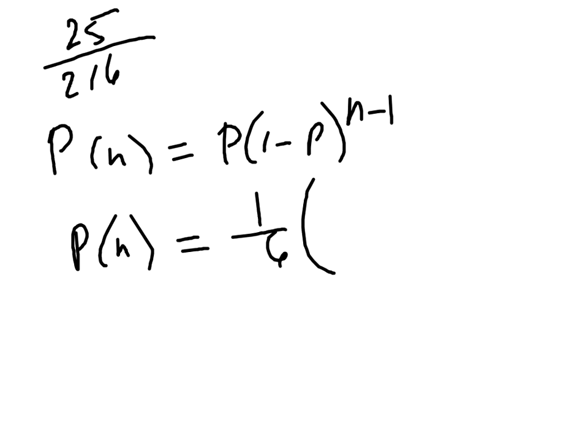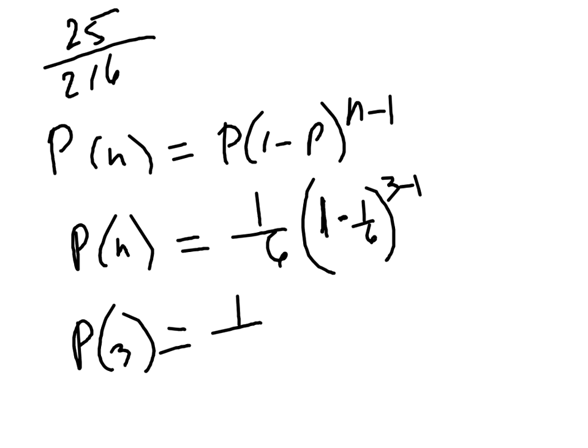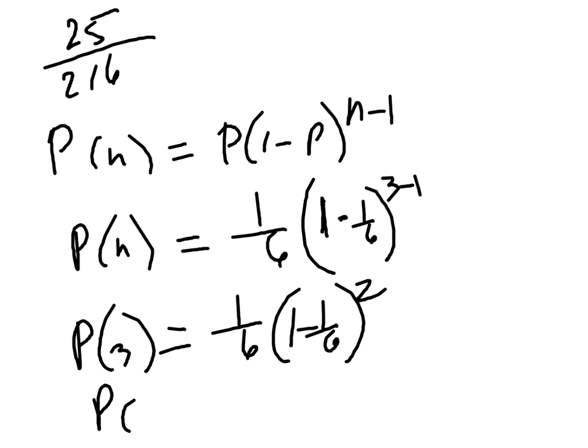Now, remember, 1 minus 1/6, that's like our Q, or failure, and we're supposed to take that to the n minus 1, and remember we wanted to get it on the third roll, so 3 minus 1 becomes our exponent, so we have this. And that would look like this when we simplify it. I'm putting some extra steps here.